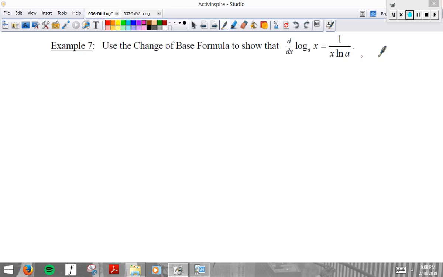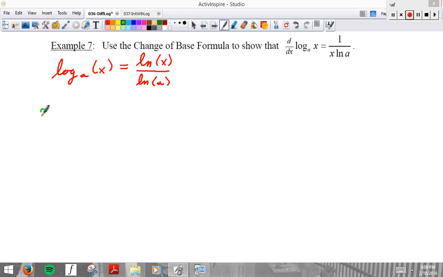Use the change of base formula to prove that rule. What's the change of base formula? Do you know it without looking at your notes? You need to. The change of base formula says that log base a of x is the same as natural log of x, the input goes on top, divided by natural log of a.